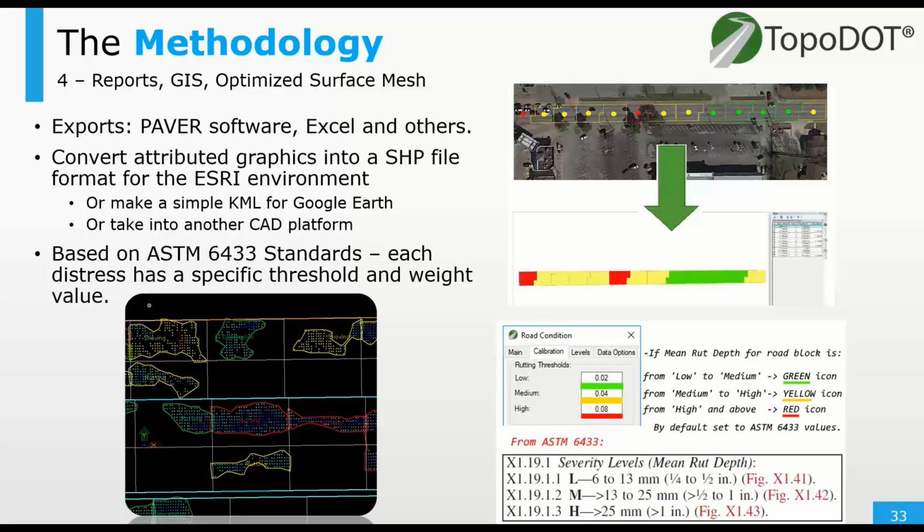If you want to go to AutoCAD, you could take this information. And all the reporting that we do is going to be based off of the ASTM 6433 standards. And each distress is going to have its own specific threshold and weighted value that we basically combine and consolidate into the final report.